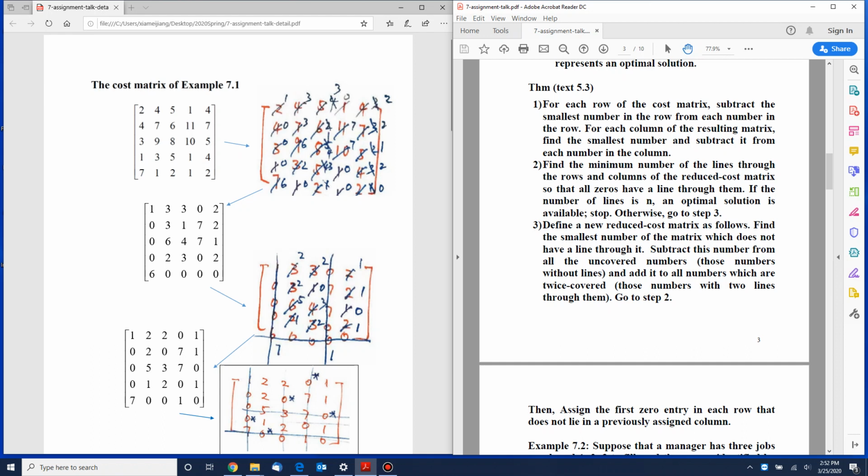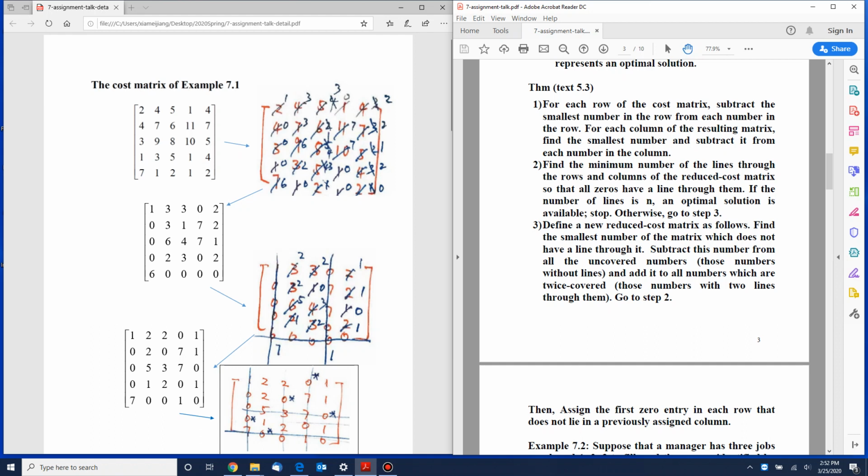Okay, so now you can see we have zeros on the first row. We have a lot of zeros on the first column. We have a lot of zeros on the fifth row, right? And here we also have a 0 in the column.